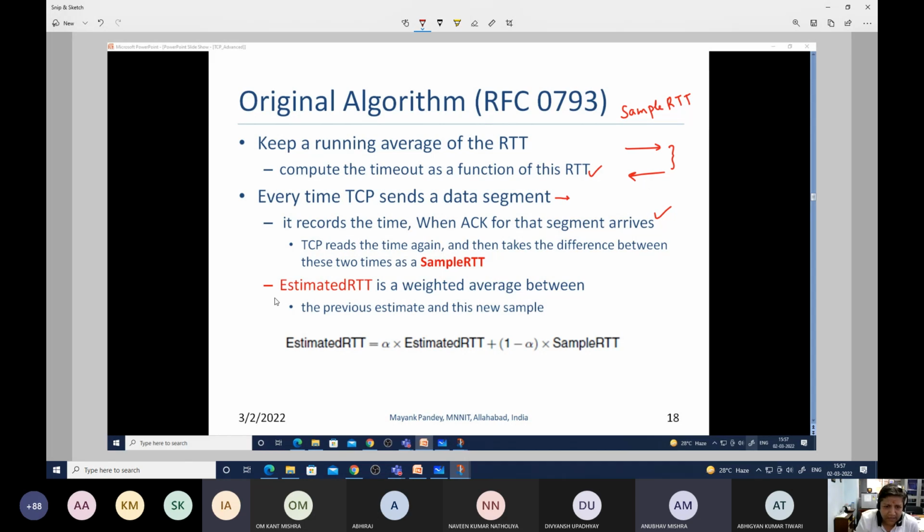Now what is estimated RTT? It is a weighted average between the previous estimate and this new sample. So suppose estimated RTT for round n plus 1 would be alpha into estimated RTT of round n plus 1 minus alpha into sample RTT of round n.